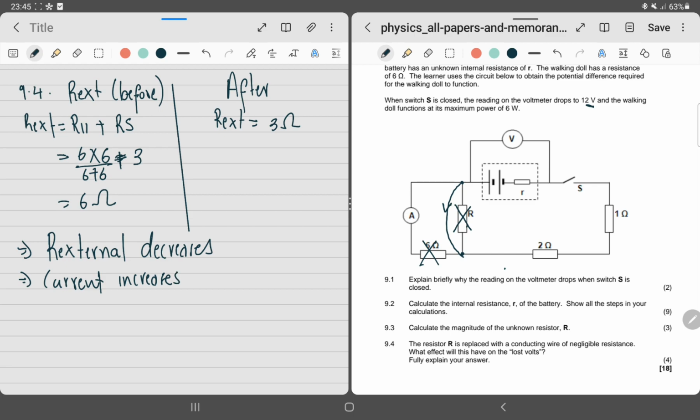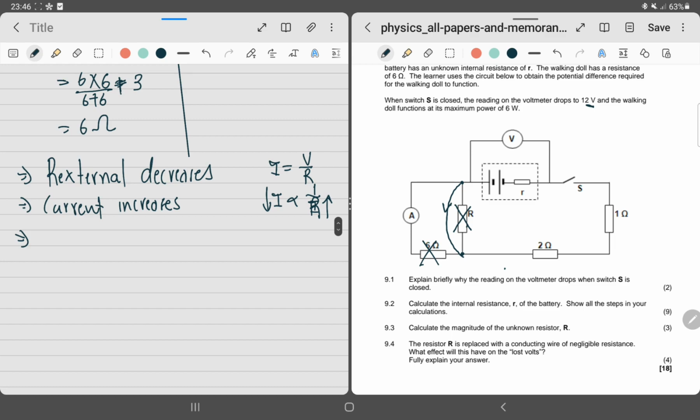And again, these two are from I should be equals to V all over R from Ohm's law. So we know that I is inversely proportional to R. So when you increase the resistance, the current should decrease. So current increases.